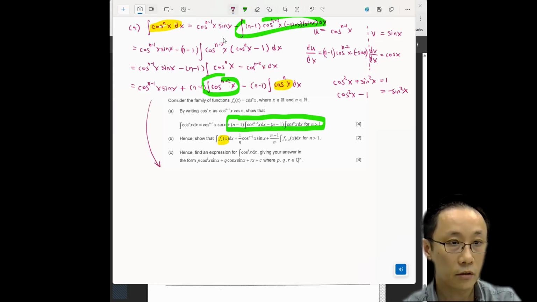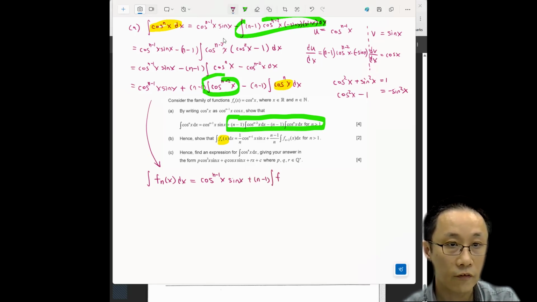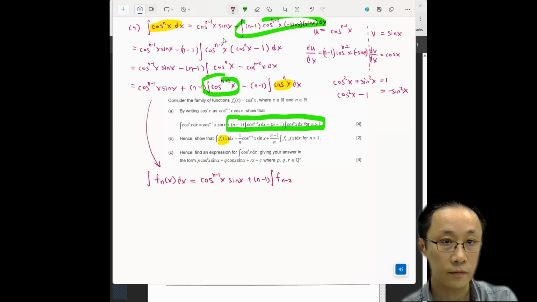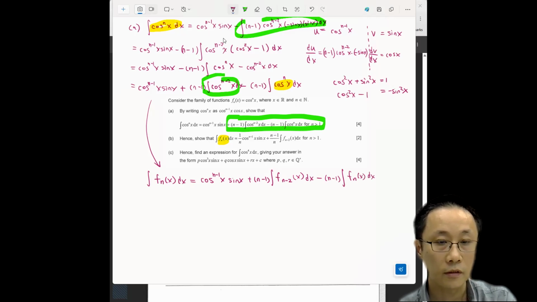So let's just re-summarize the original. f n x dx equals, so we still have the cos n minus 1 x sine x plus bracket n minus 1 f n minus 2 x dx, minus n minus 1 f n x dx.